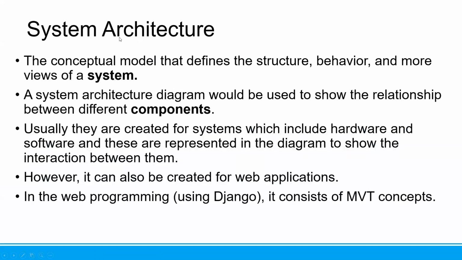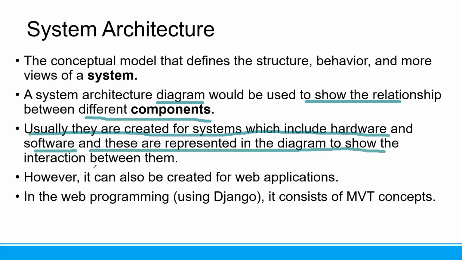With this system architecture, it is a kind of diagram to show the relationship between different components. Usually, they are created for systems which include hardware and software, and these are represented in the diagram to show the interaction between them. So I can see the interaction between one component to another component.